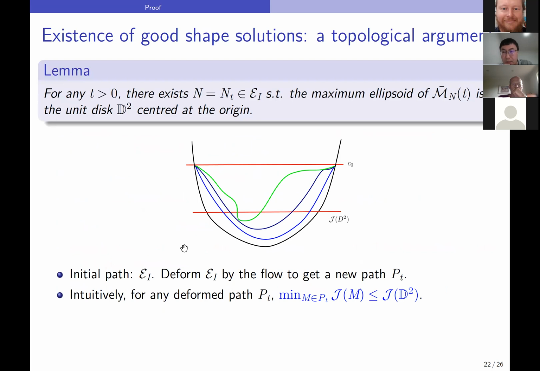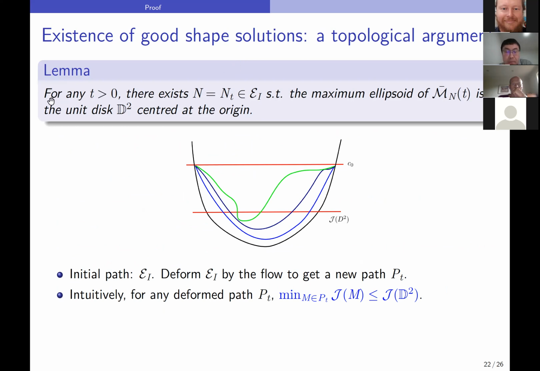Okay, so the key step is that we flow any ellipse in our initial set, and then we can show the existence of a good shape solution at any time t.